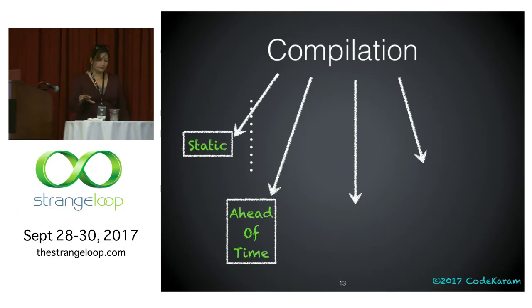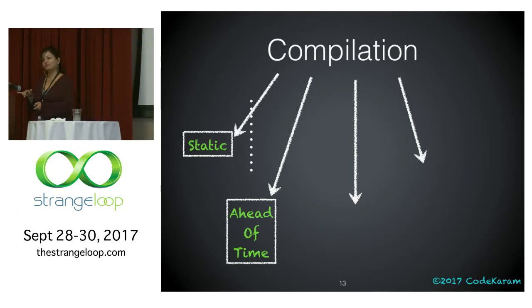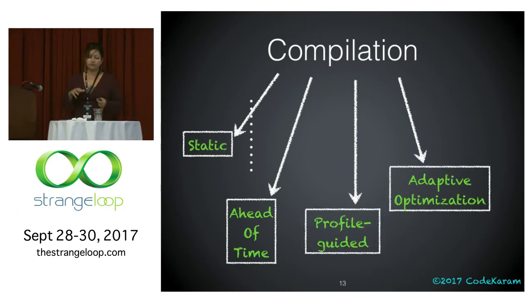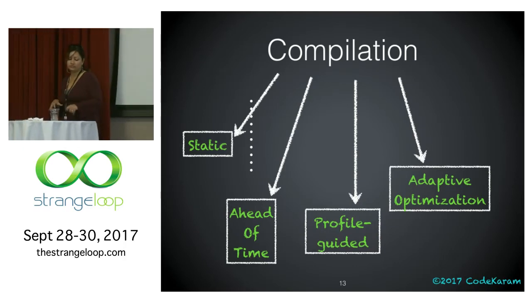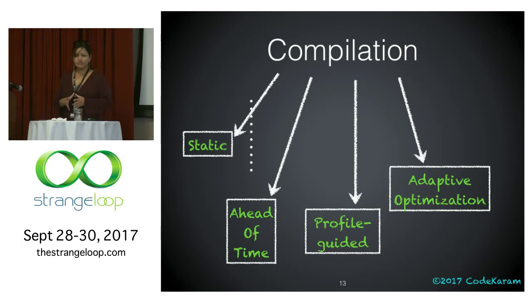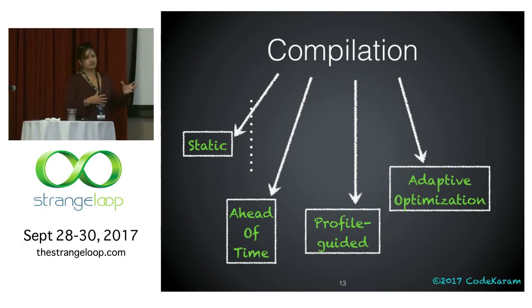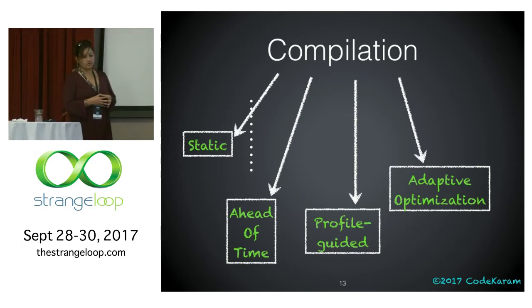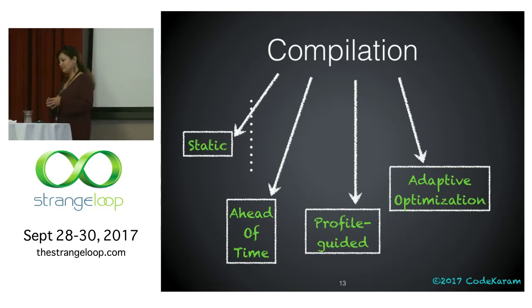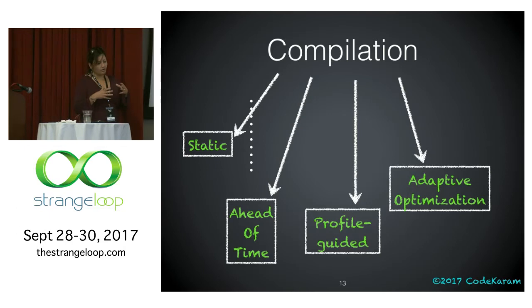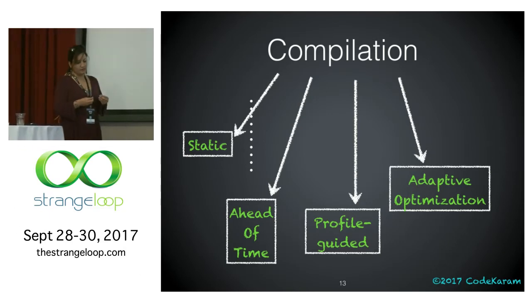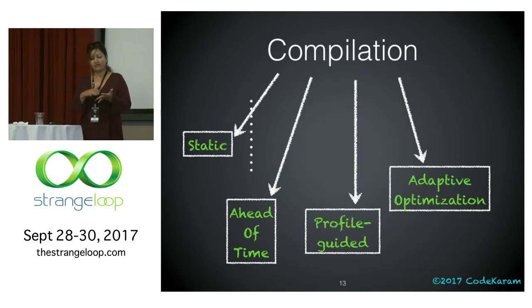So there are two main aspects, I would say. One is profile-guided optimization, and the other one is adaptive optimization. For the HotSpot virtual machine, these are the two backbones. From the get-go, maybe from Java 1 point whatever, we had different compilation levels like server and client.